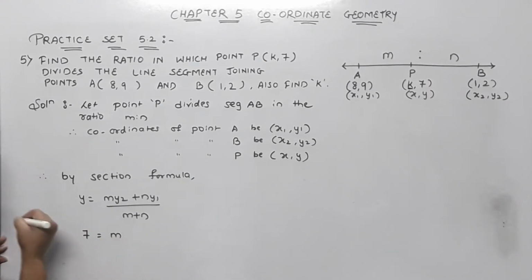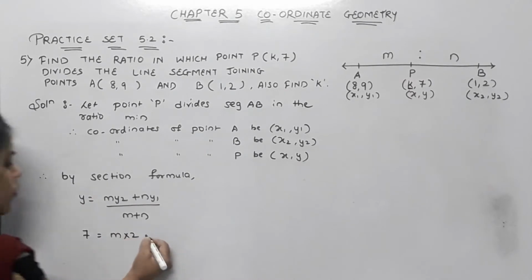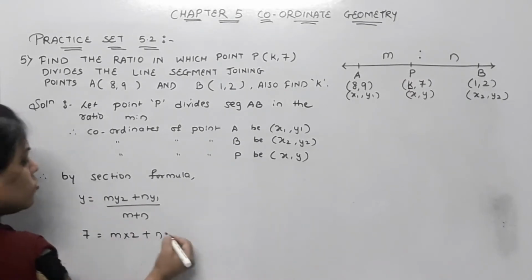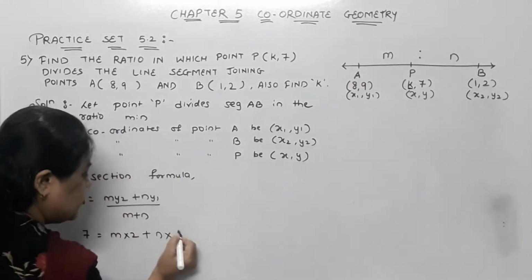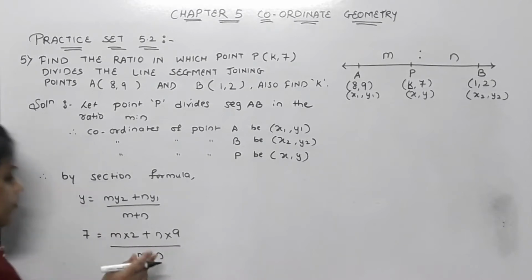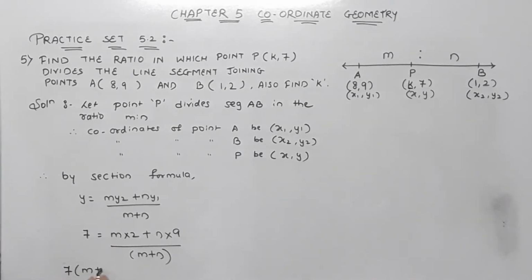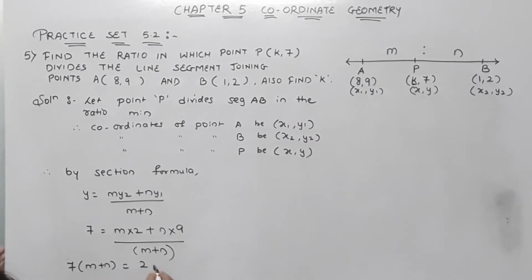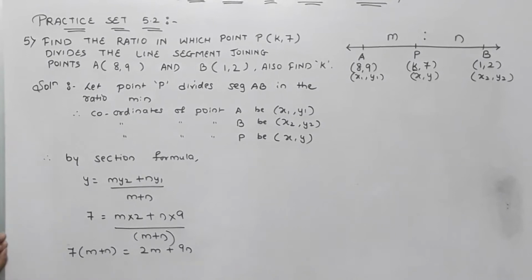M we don't know, and the value of y2 is 2 plus n is also missing, and the value of y1 is 9 upon m plus n. Now I'll take this m plus n to the other side, and it will get multiplied by 7. So we will be having 2m plus 9n to the other side.